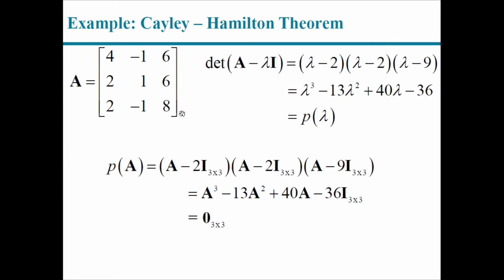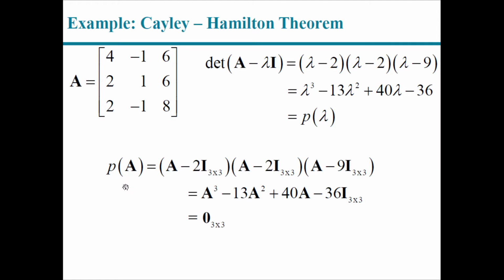So what does that mean? How does it work? Let's say this is our matrix, just for illustration. This is our characteristic polynomial that we computed. Now instead of lambda, we are going to put A. And instead of just the constant, here negative 36 times 1, instead of 1 we put the identity. So that's what happens.